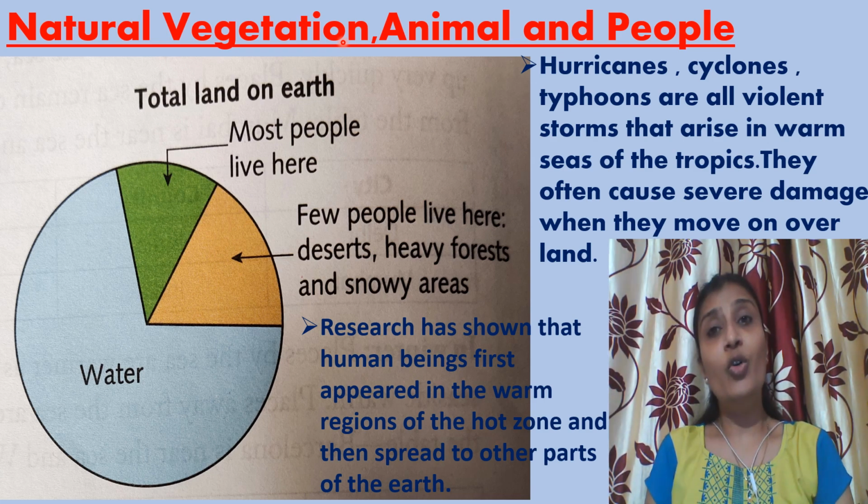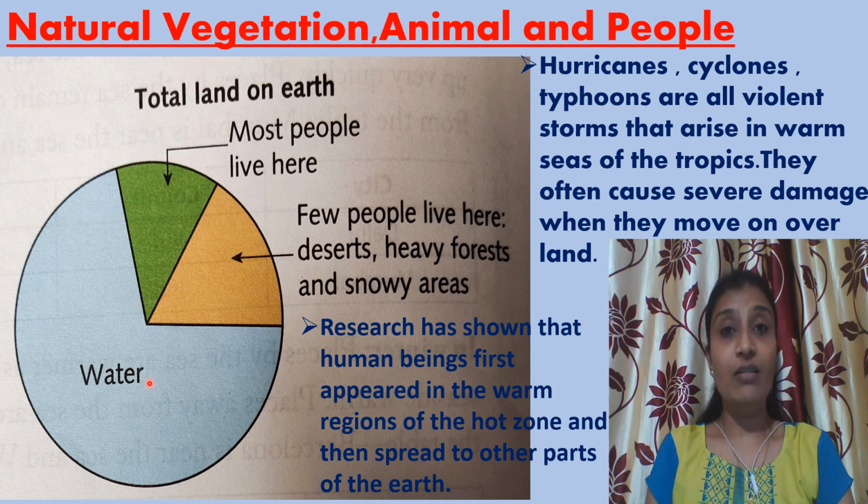People live all over the world. Look at this figure. This is the earth. Mostly the earth is occupied by water. This green portion is land where most of the people live. And this brown portion is the desert or forest or snowy areas. A very few people live here.